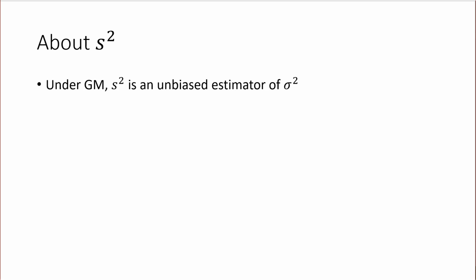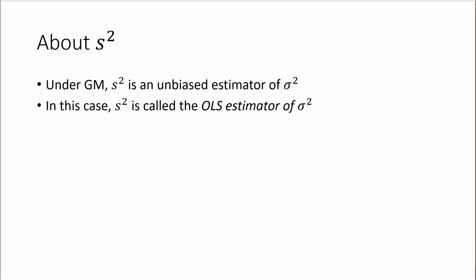If you have heteroscedastic residuals, for example, sigma square doesn't even exist, so there is no issue of whether S square is unbiased for it or not. You can also show that S square is a consistent estimator. Again, remember what that means? It means that as n goes to infinity, S square will become equal to sigma square. While the first bullet point tells us that the expected value of S square is sigma square.